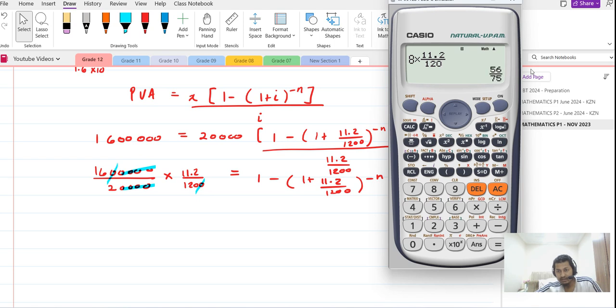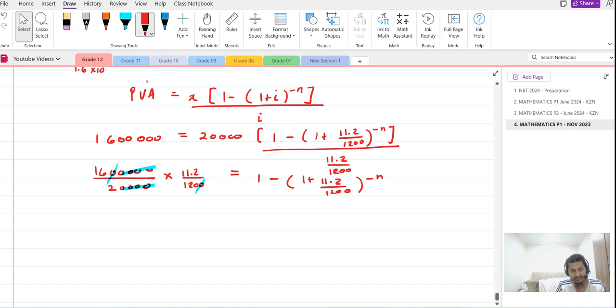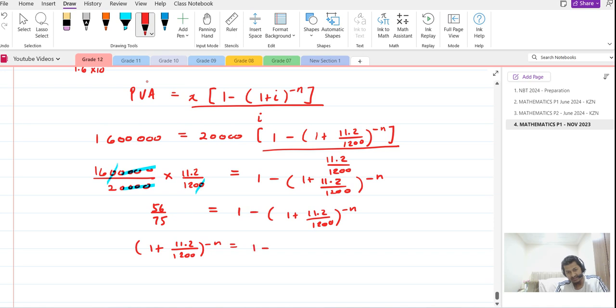I'm getting 56 over 75. I'll keep the answer as a fraction, equals 1 minus the same thing, 1 plus 11.2 over 1200 to the power negative n. Now I'll take this entire factor to the other side, and keep the 1 as is, and minus 56 over 75.